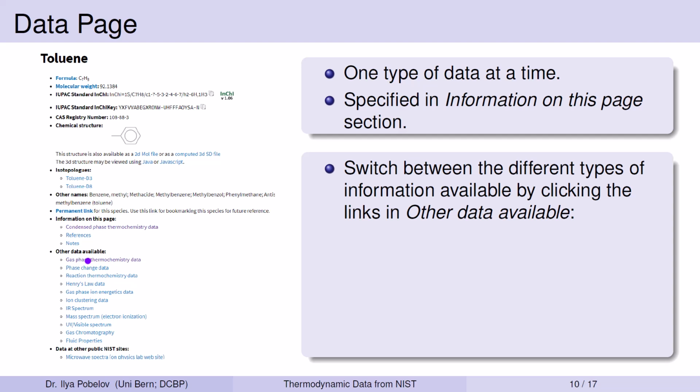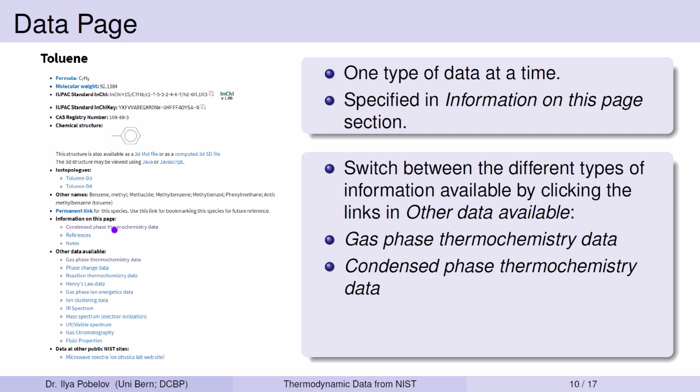However, you can easily switch between the different types of information available for that substance by clicking the respective links in Other Data Available. The types of information available include gas phase thermochemistry data, condensed phase thermochemistry data, phase change data, and many more.